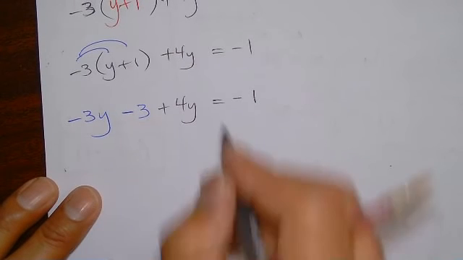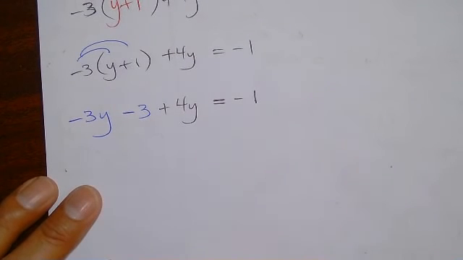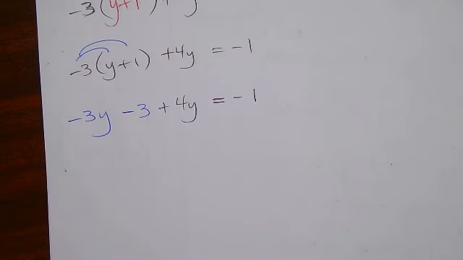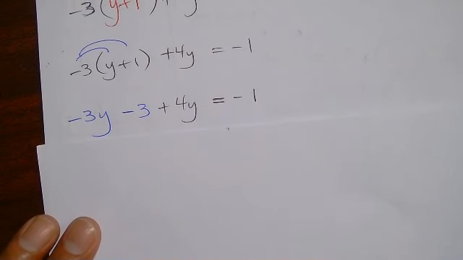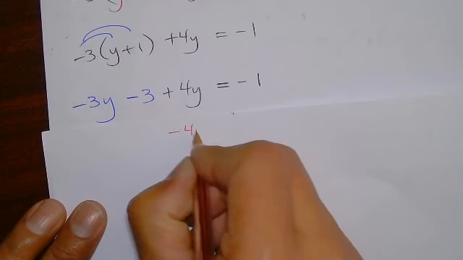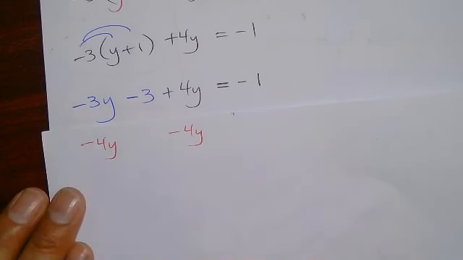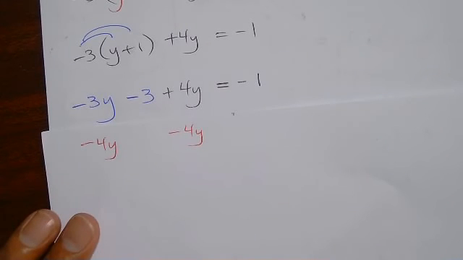Okay. What happens now? This is what kills me when I see students do this and I'm like, nope, you don't know your algebra that good. When I see students do this, tell me what's wrong with this, right? Don't copy this, right? Obviously this is going to be wrong. It kills me when I see students do this. -4y, -4y. Oh my God.